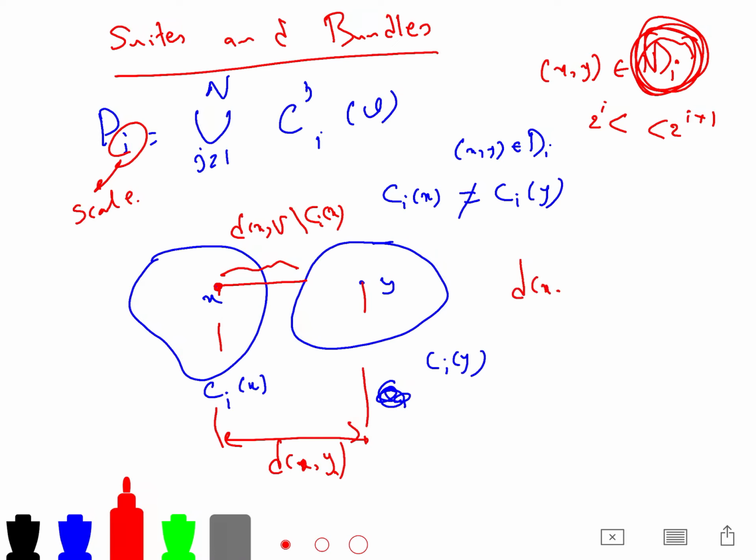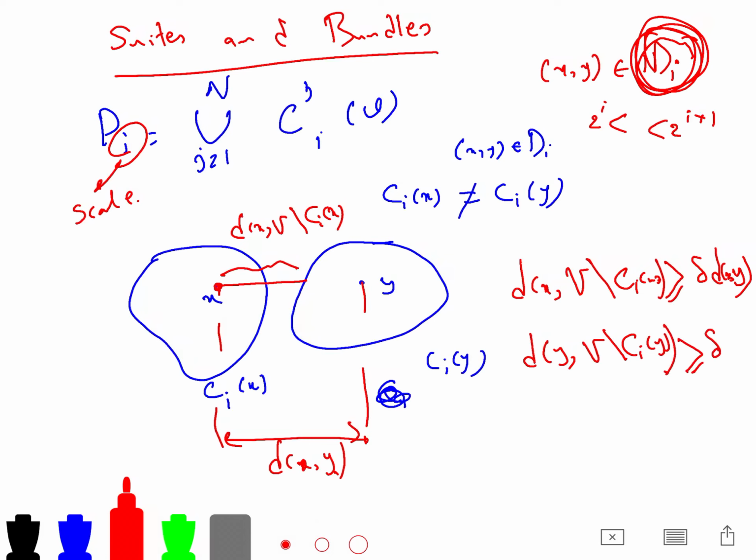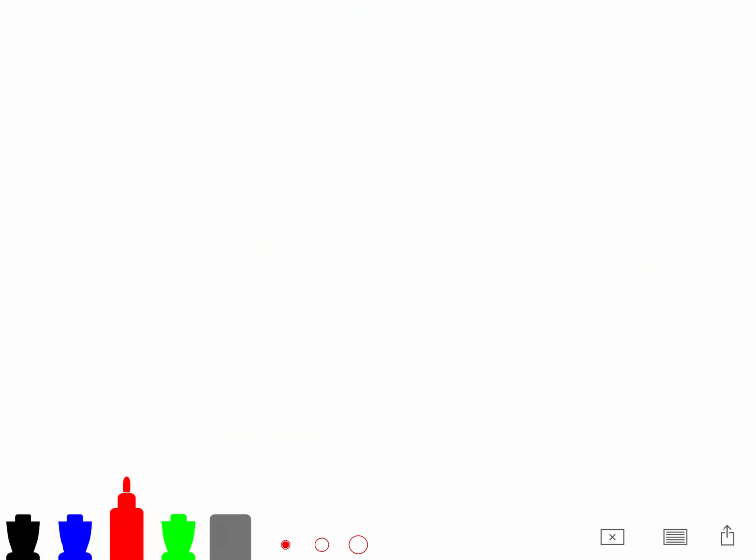So, for example, we can say that d of x and v, excluding Ci of x, is greater than delta d of x and y. Also for y, the same thing: d of v and Ci of y is greater than delta d of x and y. And a decomposition suite pi is a collection of these partitions.